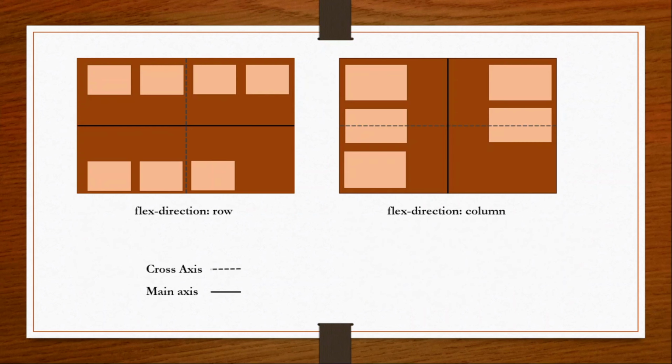The first thing it does is take the lines of items and ensure there's equal spacing between them. But the little difference is it puts the first line at the very start of the cross axis without any space, and the last row at the end of the cross axis. We'll see this better when I show you practically, but this is just a visual illustration of space between.